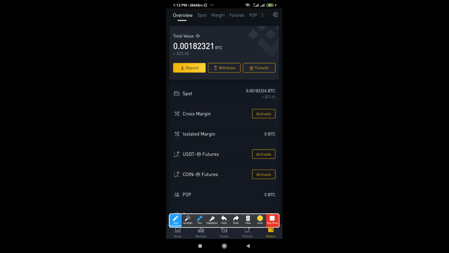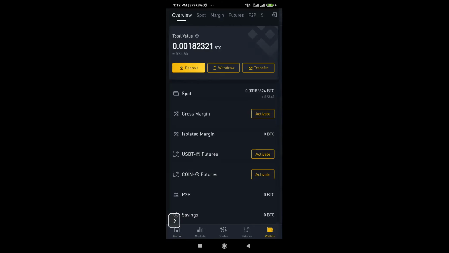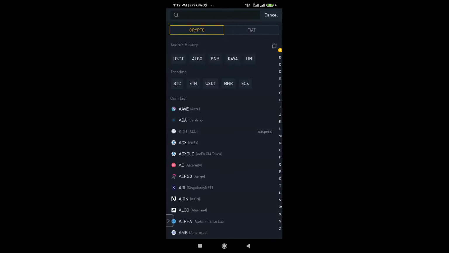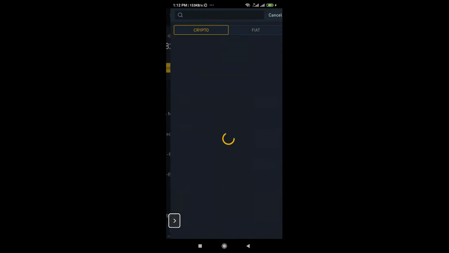All right, so I want to deposit. I click on deposit. You can see deposit here. I click on deposits, just in case you couldn't see it.